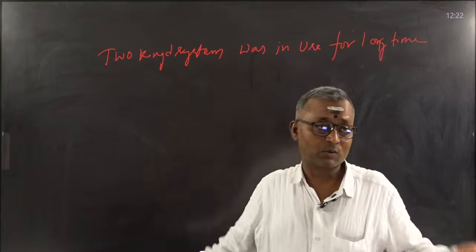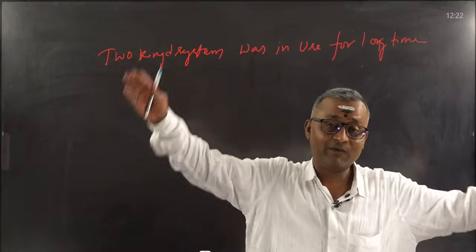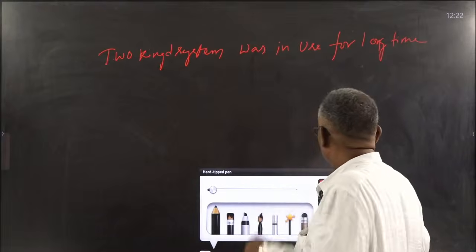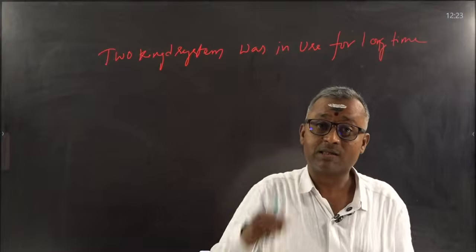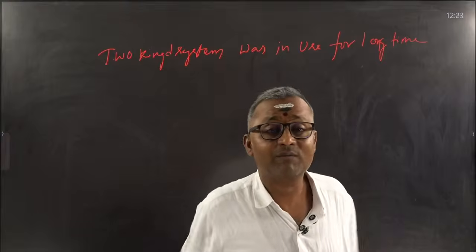So we used this two kingdom system itself as a basis to classify living organisms for a long time. But this system now is considered to be inadequate. Means it is not sufficient.